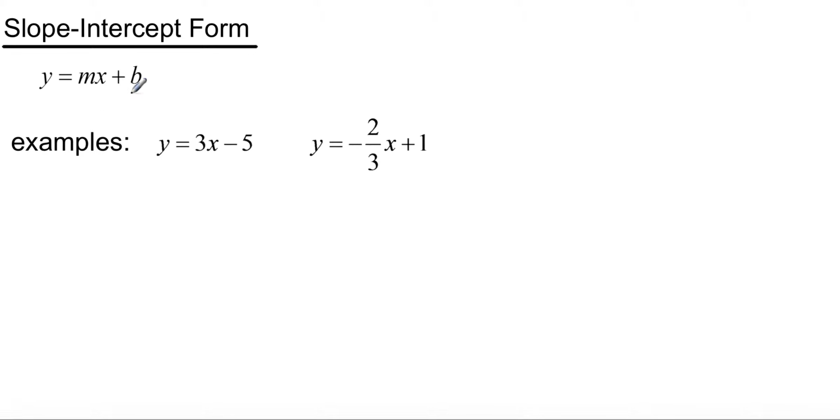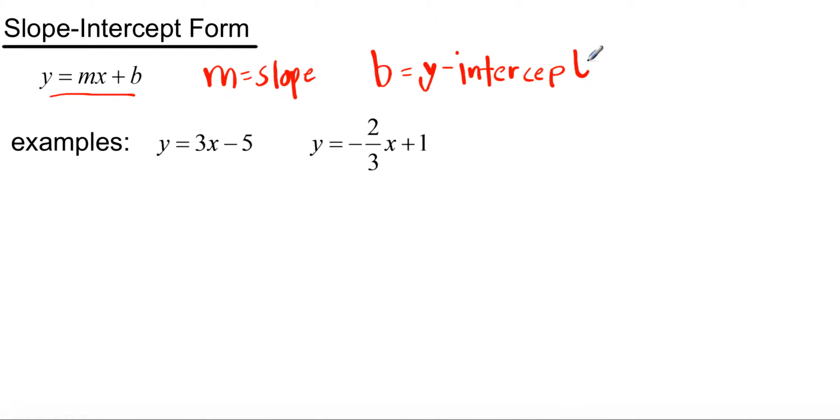y equals mx plus b. m, of course, is the slope. We talked about slope in a previous video, lowercase m. And the b represents your y-intercept, which is where the graph is crossing the y-axis. So here are two equations. y equals 3x minus 5. You can easily look at that and determine the slope is 3, and the y-intercept is negative 5.